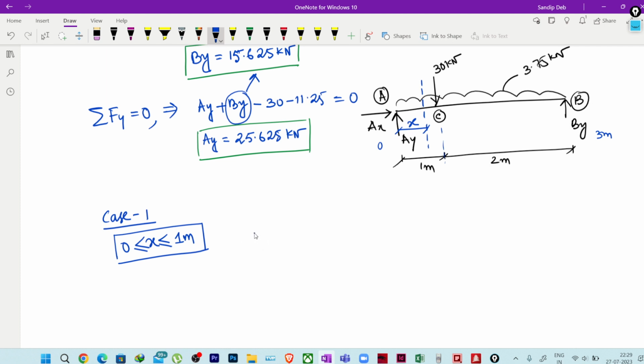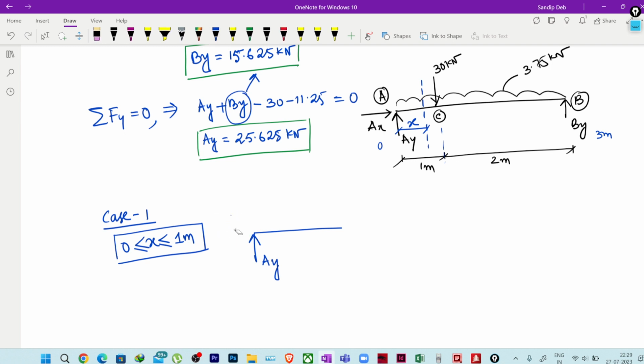how will it be? This is my beam, I have Ay. I will not draw the Ax because Ax equal to 0. If you want, you can draw it and write directly Ax equal to 0, but no need of writing it actually, as it is 0, let it be.